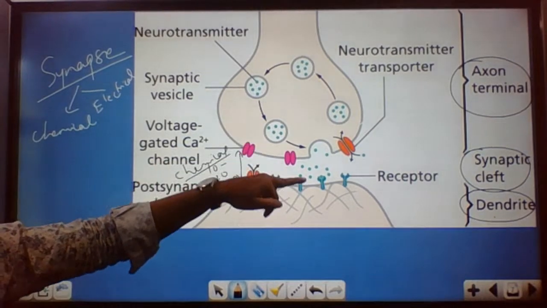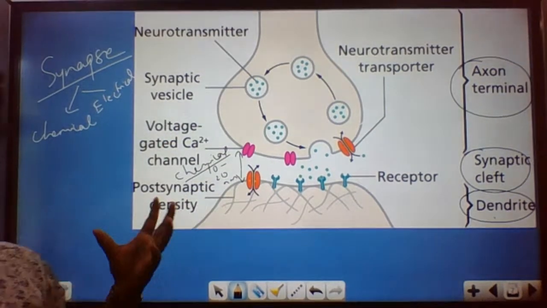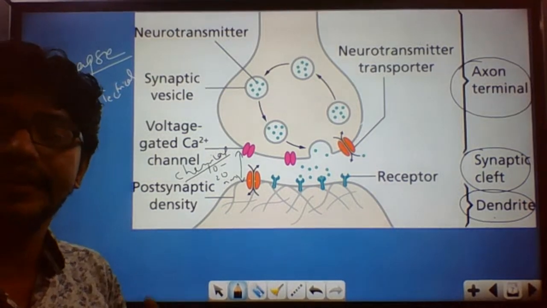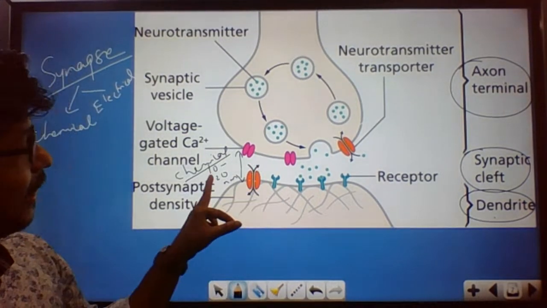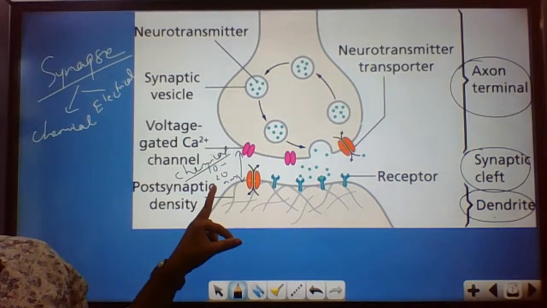In chemical synapses the synaptic cleft gap is comparatively more, and in between you could see neurotransmitters like acetylcholine.